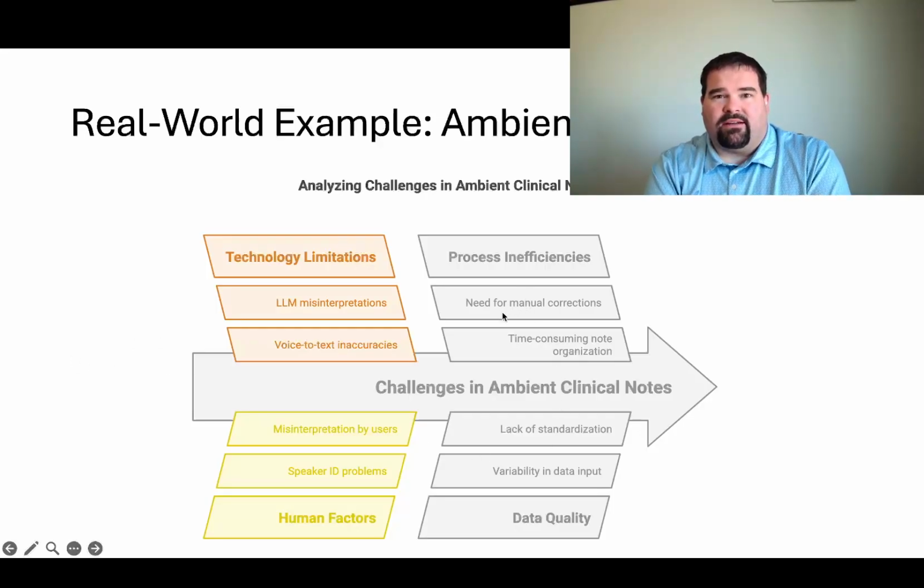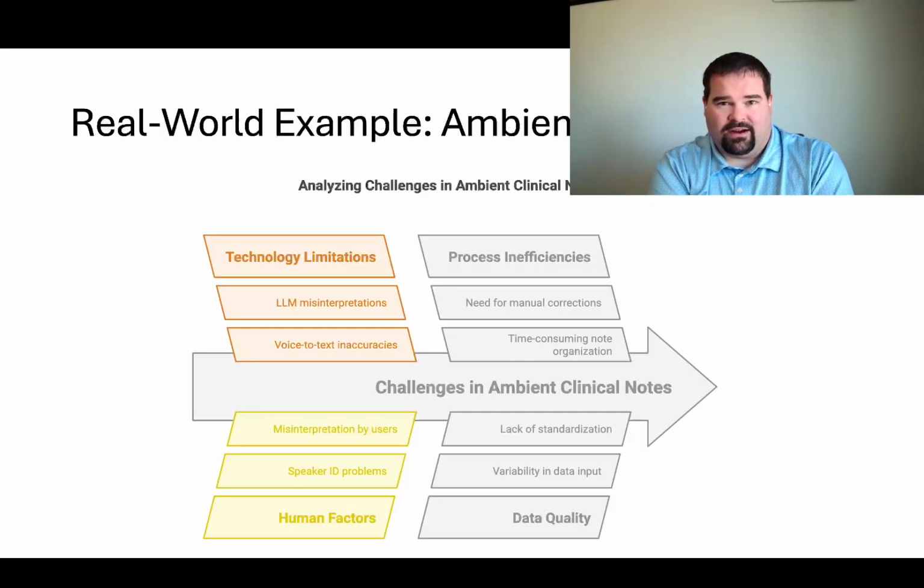But note, there's often a need for manual corrections, manual review. Those research studies that have been run on these have found that there are errors that need to be corrected.